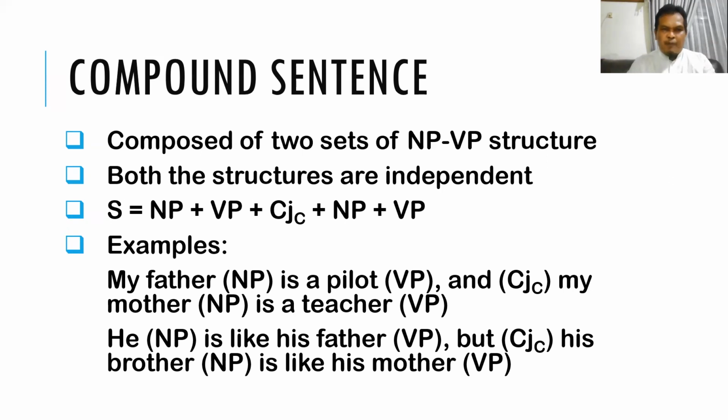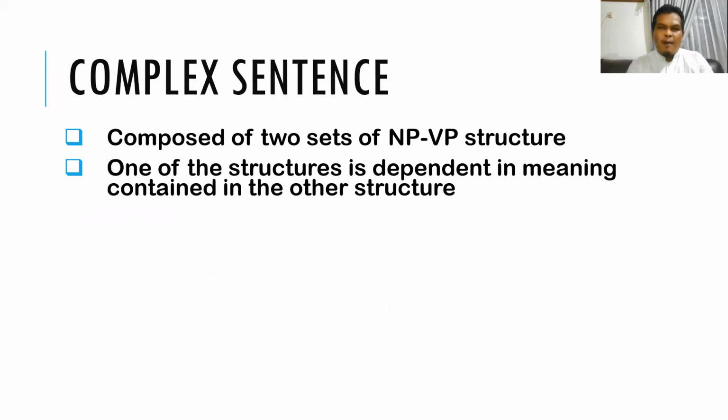Okay, now let's compare compound sentence with complex sentence. Complex sentence is composed of two sets of NP-VP structure, the same definition as the compound sentence. Now, what makes complex sentence different from compound sentence? In complex sentence, one of the structures is dependent in meaning on the other structure.